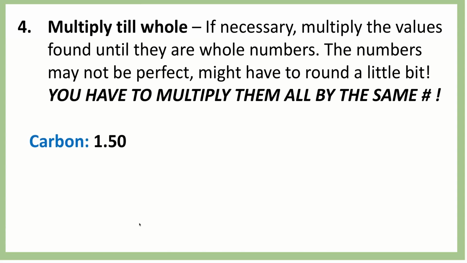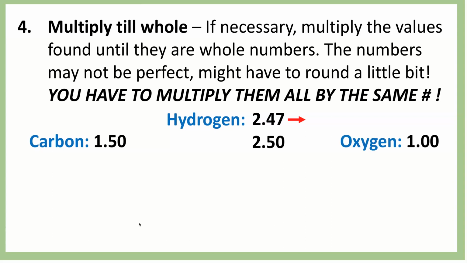So we saw that carbon was 1.5, hydrogen was 2.47. Well, we'll call that 2.5. And we know that oxygen was 1. So the easiest way to get to a whole number is just multiply everything by 2. Because if I do that one, and then that one by 2, and then that one by 2, again, they all have to be multiplied by the same number.